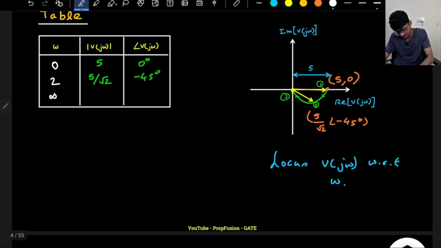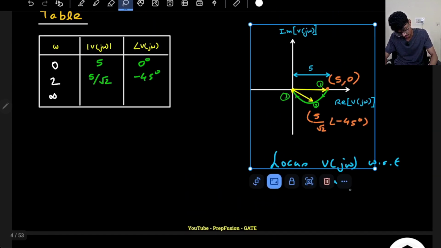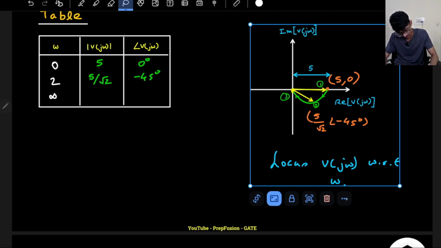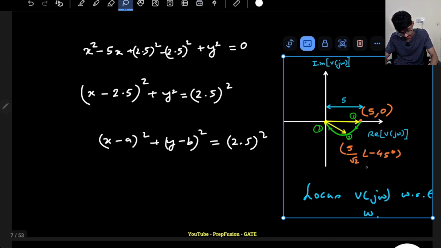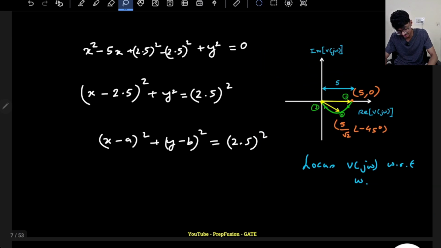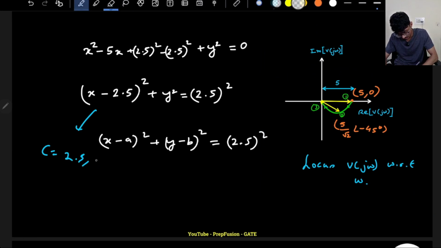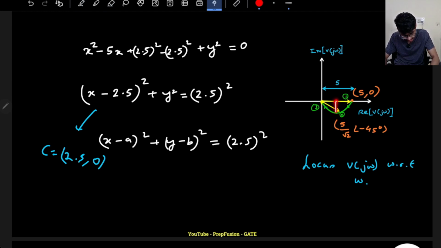If I just copy and paste this diagram, the locus of V of j omega, this equation is telling us that we have a circle whose center is x equals 2.5 and y equals 0. Here x is 2.5 and y is 0. Yes, this is the center, and of course its radius is 2.5. Its diameter is 5, its radius is 2.5.